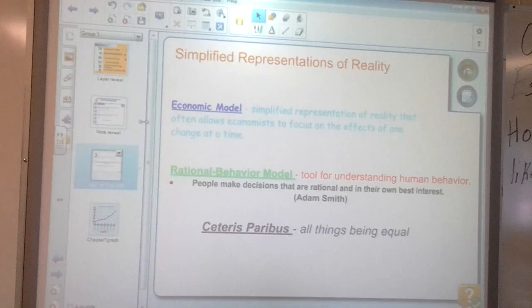Everybody looks out for their own self-interest. So, if something happens in the economy, people will look out for themselves. That's natural human behavior. So that's what the rational behavior model is: they can kind of predict how people will act because most people are rational human beings looking out for themselves or their family.